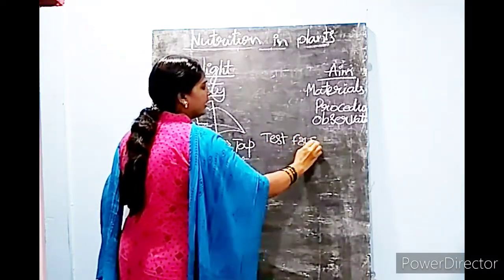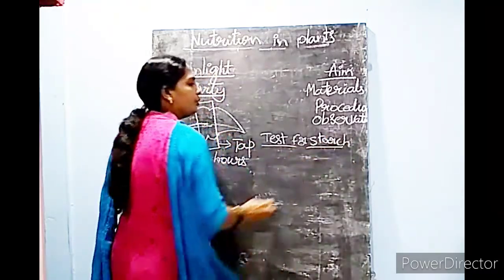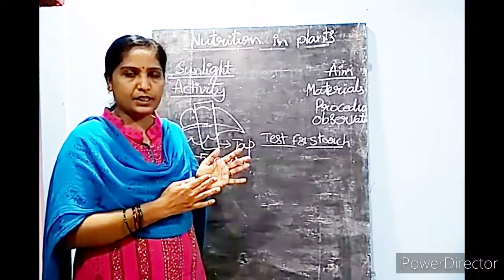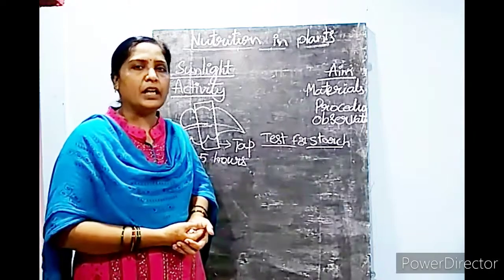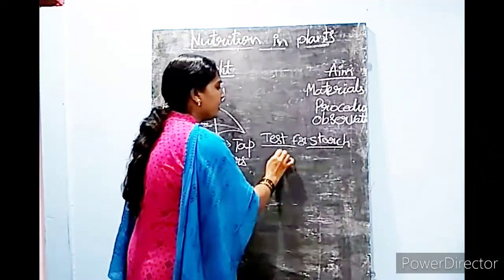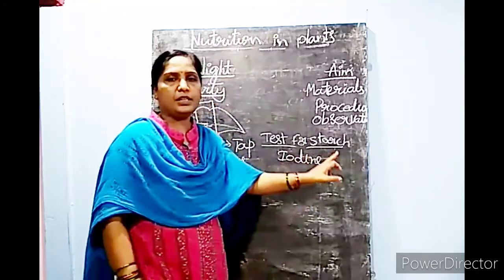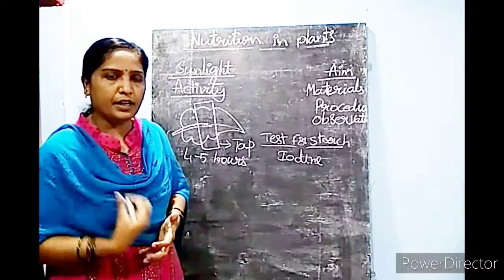Starch test, how to do, you know this. You did in class 6 how to test carbohydrates. It can be tested by using iodine. Which chemical are we using? Iodine we are using to test whether starch is present in the given carbohydrate or not.